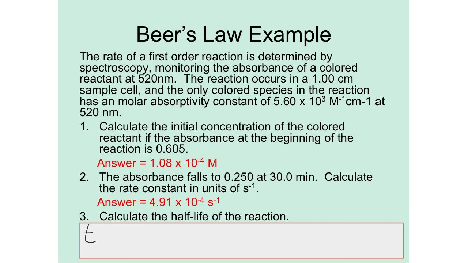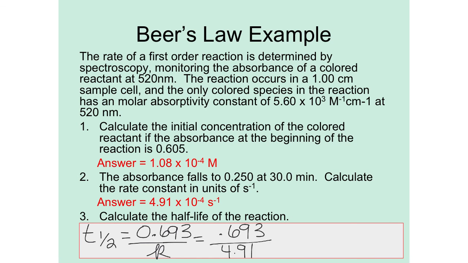We can just use this formula off of the reference table. So half-life for a first-order reaction, and it is a first-order reaction, is 0.693 divided by the value of k, which we just found in our previous problem. So then we just need to plug that all into our calculator, and that will give us the half-life, and that will be in seconds.